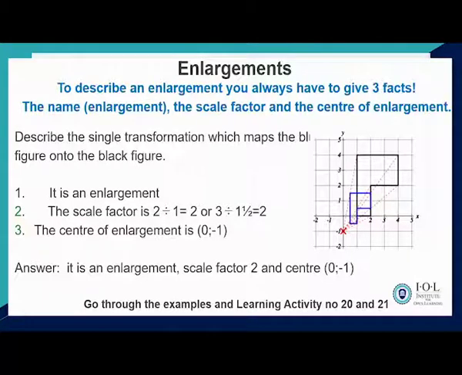Image divided by object. The big one divided by the small one if it became bigger. And the center, you give the coordinates in brackets, 0, -1. So make sure that you can do an enlargement or that you can describe it when it's already given to you.